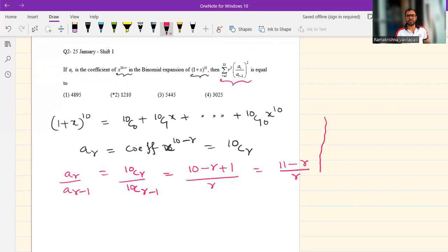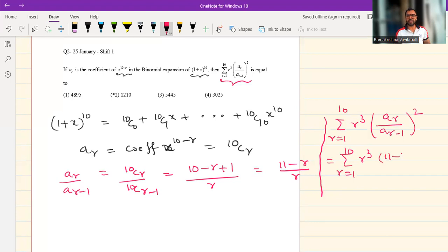So here you see, sum from r = 1 to 10 of r^3 (A_r/A_(r-1))^2 equal to the sum from r = 1 to 10 of r^3 into, this A_r/A_(r-1) is (11 - r)/r, and the whole square is there.